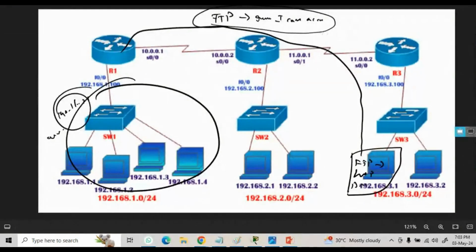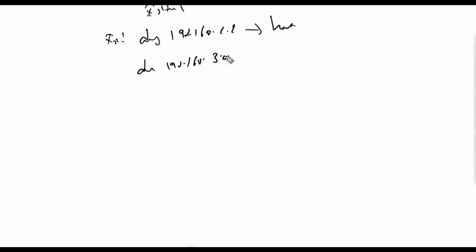Got it? Let me write it. For example, for extended, let's say deny 192.168.1.1, I'm denying the particular host. If I'm denying the 192.168.3.0 network, here I'm blocking the network.